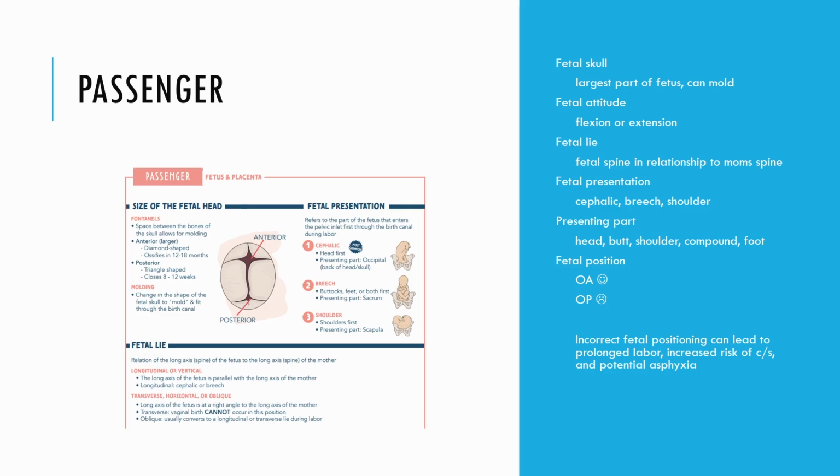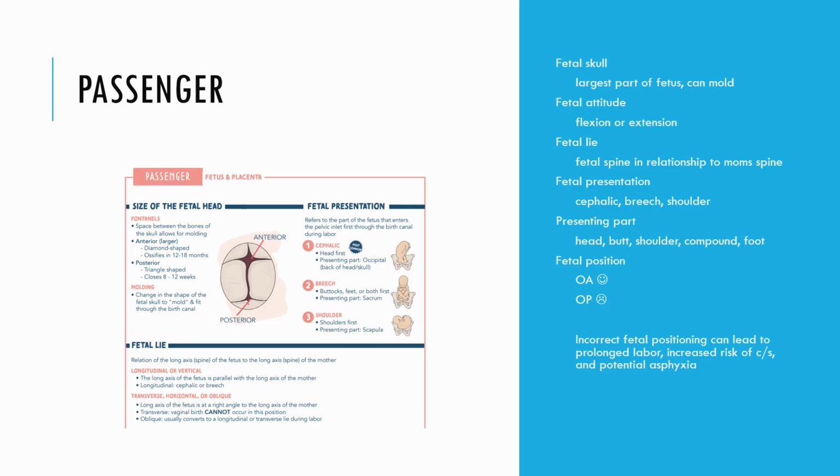And then the fetal position itself is all about where the fontanelle, or the skull or the face, is located. So we prefer a fetal position to be in OA. You'll hear it referred to as OA, and that means baby's occipital bone is anterior on mom.